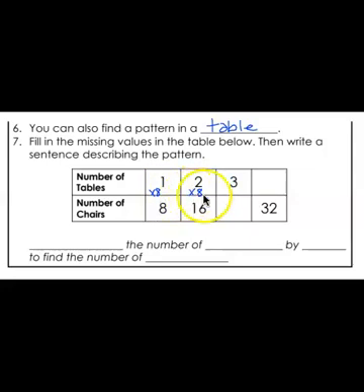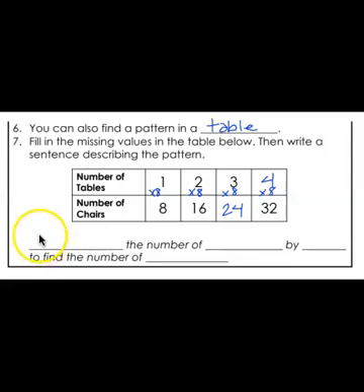They're both the same action. So if I multiply 3 by 8, what am I going to get? 24. Okay, but now we need to fill in this one. Well, look, it goes 1, 2, 3, I'm guessing 4. Let's check it. Is 4 times 8 32? It sure is.